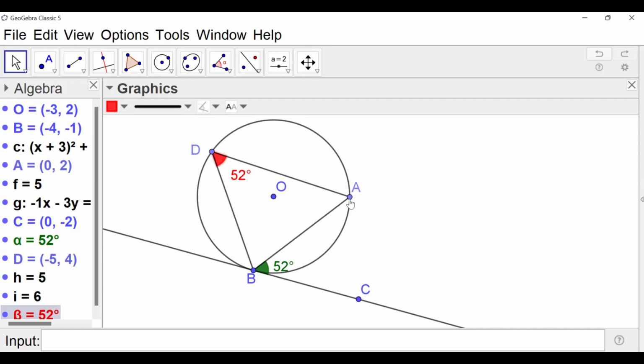So our chord here, AD, AB, and BD are all chords, 3 chords. But which of these 3 chords is meeting with the tangent? It is called AB. So this chord AB meets the tangent at point B, and an angle is formed.